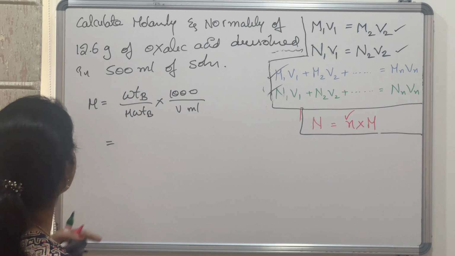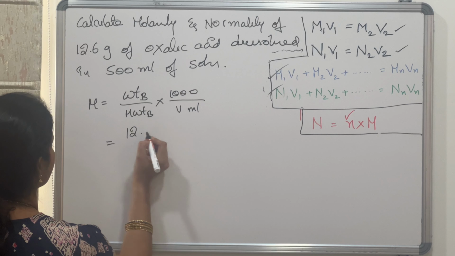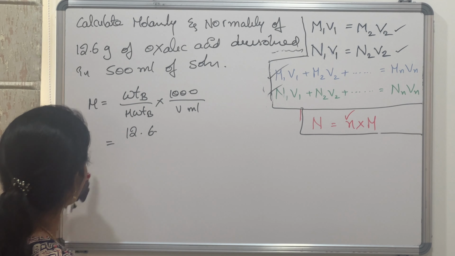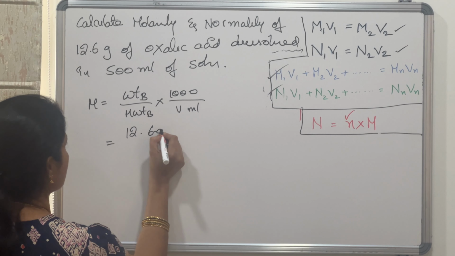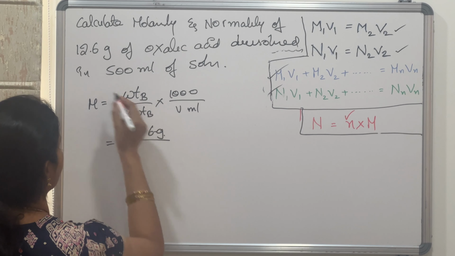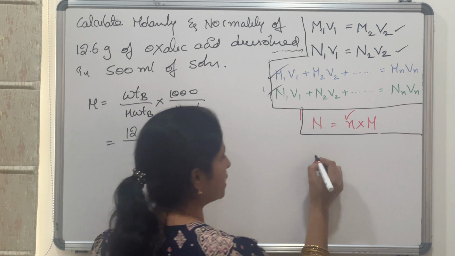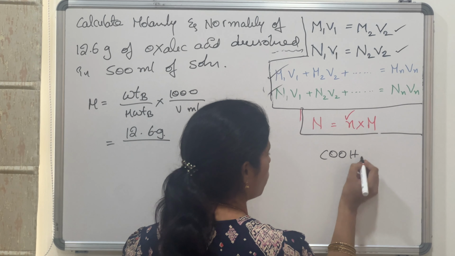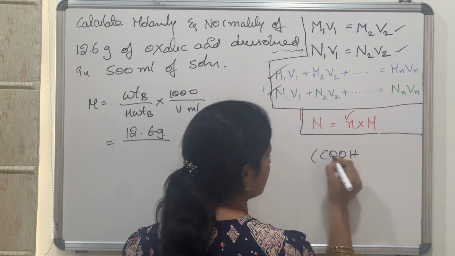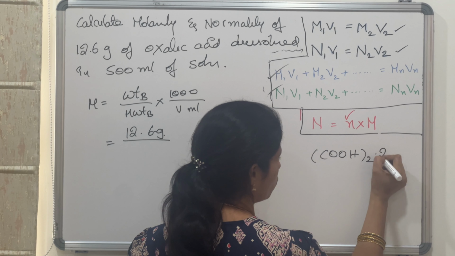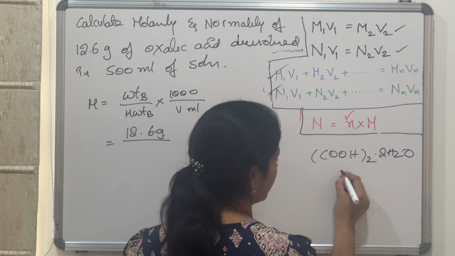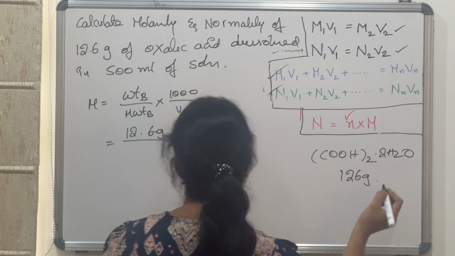So what is the weight? Here it is 12.6 grams divided by the molecular weight of oxalic acid. Oxalic acid is COOH twice, 2H2O, so the molar mass is 126 grams.